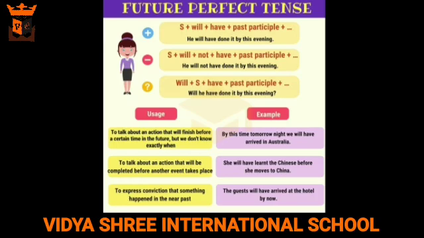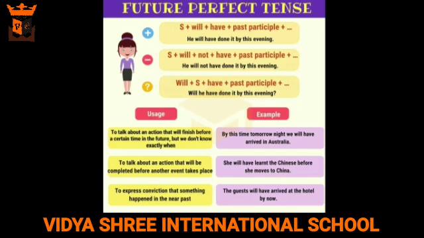It is used to talk about an action that will finish before a certain time in the future, but we don't know exactly when. For example, by this time tomorrow, we will have arrived in Australia.